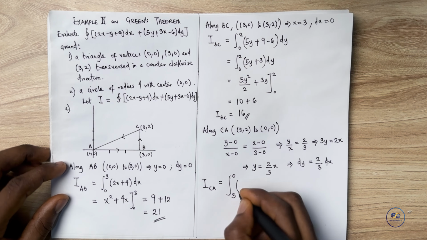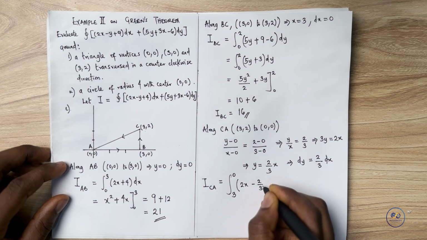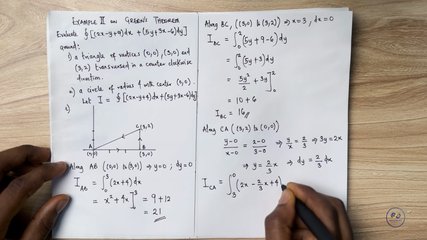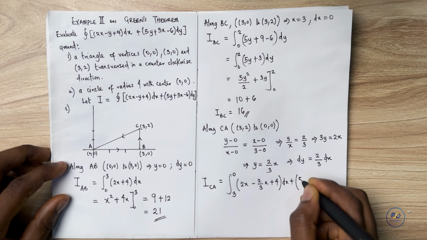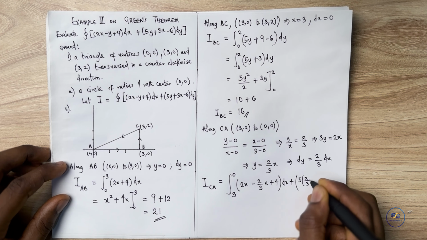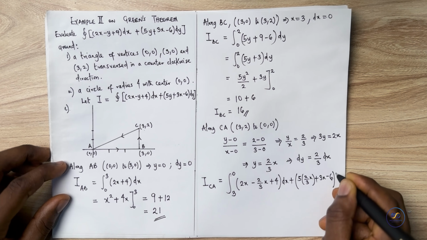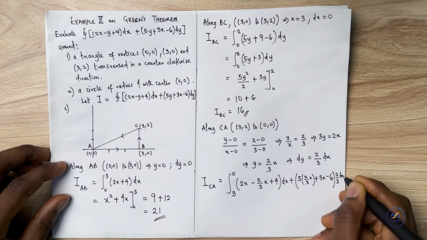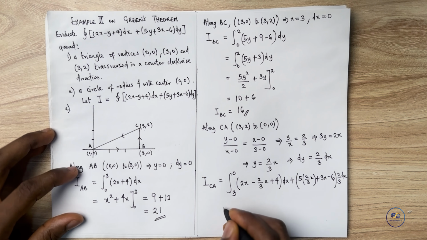So here we are going to have 2x minus 2 over 3 x plus 4 dx plus 5 multiplied by 2 over 3 x plus 3x minus 6, times 2 over 3 dx. This is what we're going to have, which is quite extensive. So we can decide to multiply this out. We can decide to take LCM.